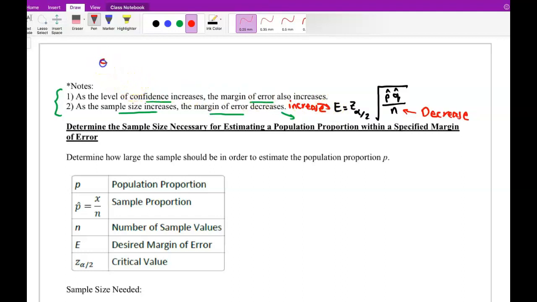Okay. So what's this one? See, if this one increases, that means that you add it to this interval, so this interval will increase.